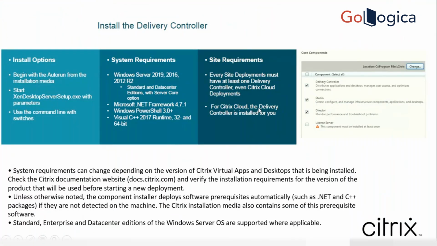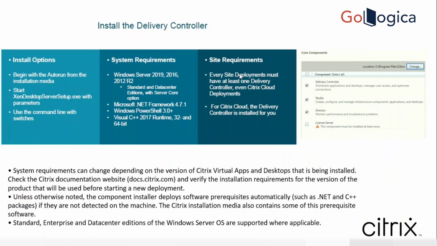Then you have to check the site requirement. In virtual app and desktop, there is a place called site requirement. Every site deployment must have at least one delivery controller. So in your environment, you should have at least one delivery controller installed. You can install multiple delivery controllers also.